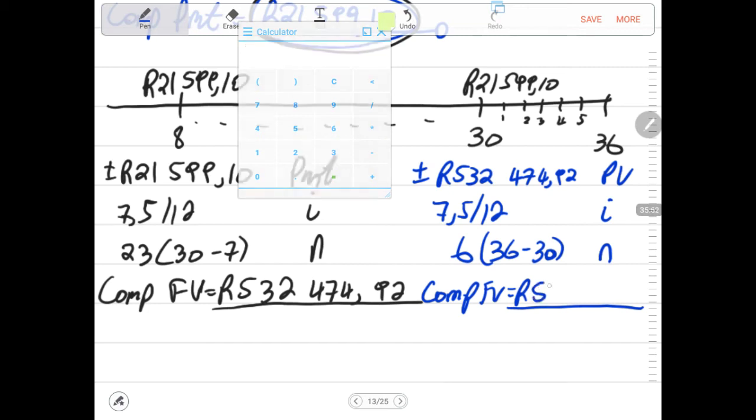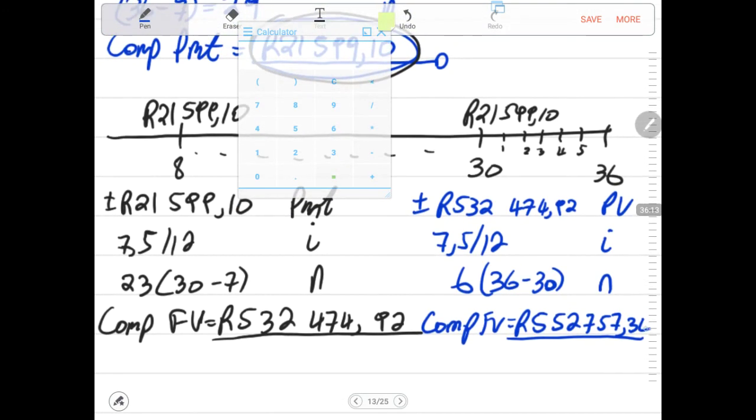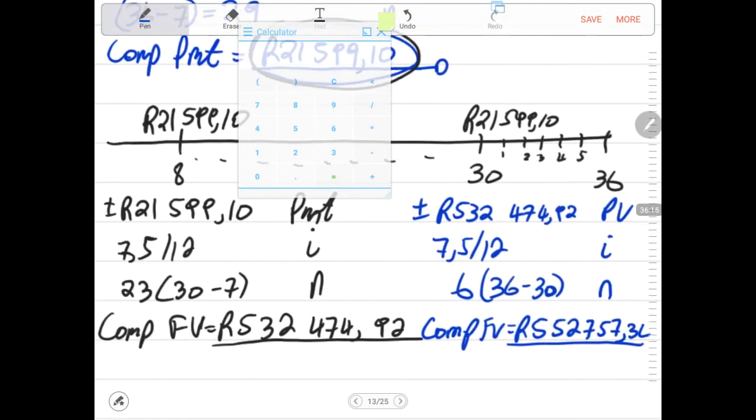Then we get 757.34. This is now what will be in the account at the end of month 36.